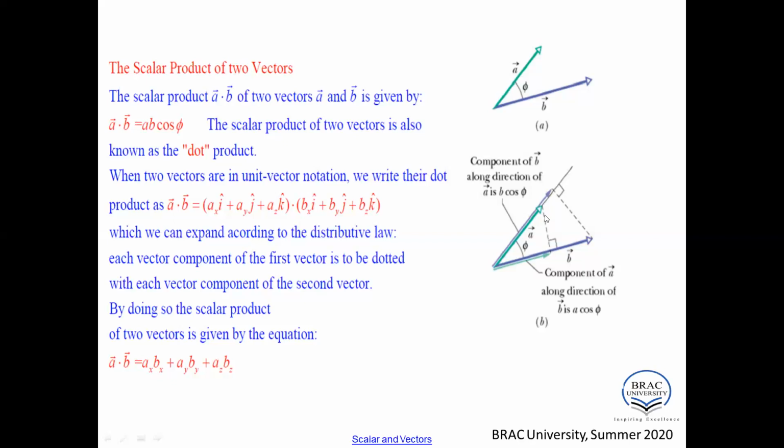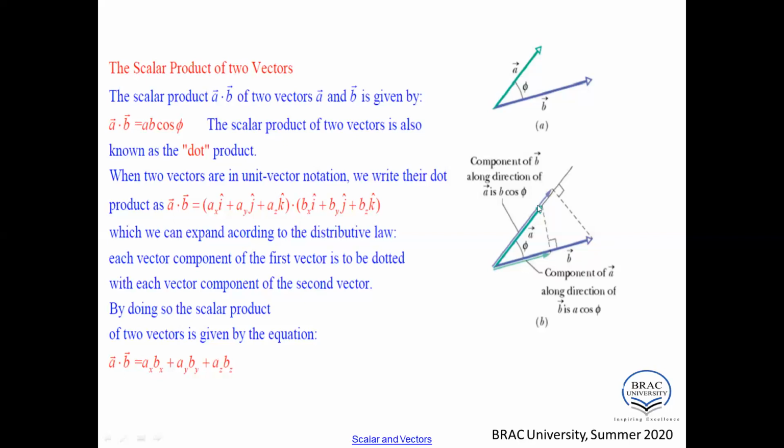If we draw a perpendicular line or normal from one vector to another vector, as shown in the figure, this is the perpendicular line from vector A to vector B, and this is the perpendicular line from vector B to vector A. The distance from the tail to the perpendicular line is called the component or projection of a vector along the direction of another vector.